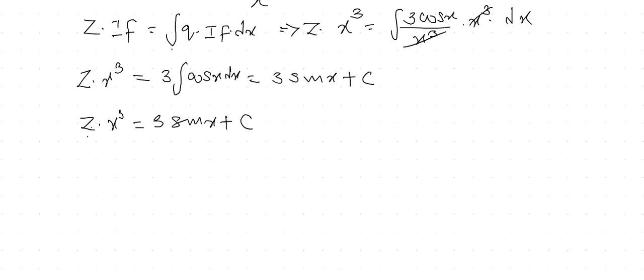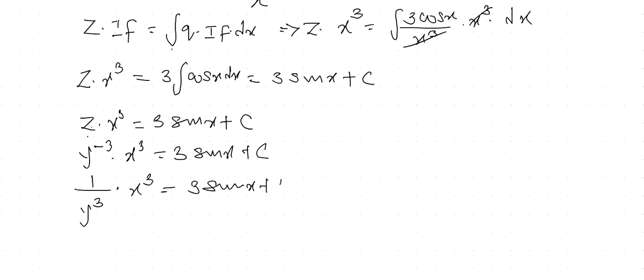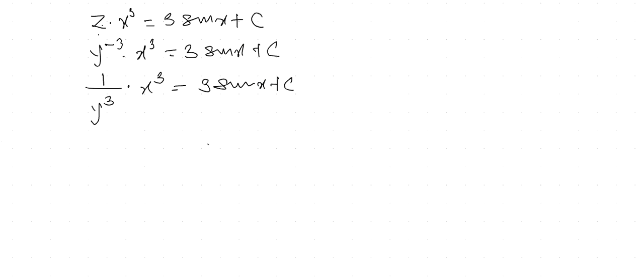Don't forget, multiply by x raised to the power of 3, which is equal to 3 sine x plus c. Then we can say 1 over y raised to the power of 3 multiplied by x raised to the power of 3 is equal to 3 sine x plus c. Therefore, we now have that x raised to the power of 3 divided by y raised to the power of 3 is equal to 3 sine x plus c. So this is your answer.